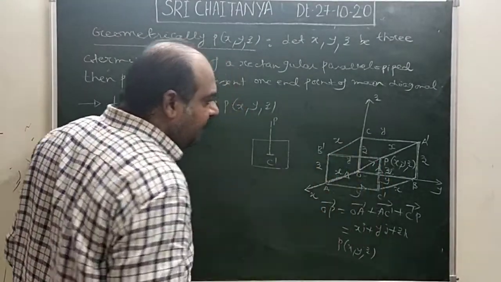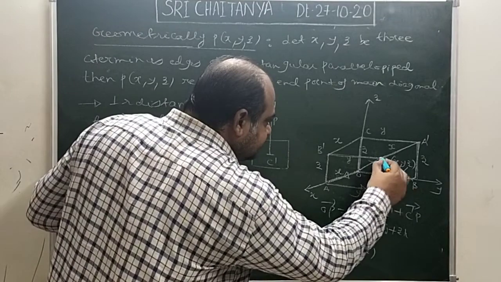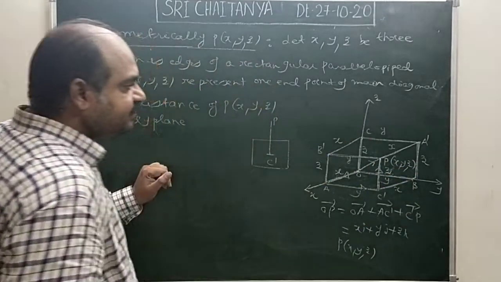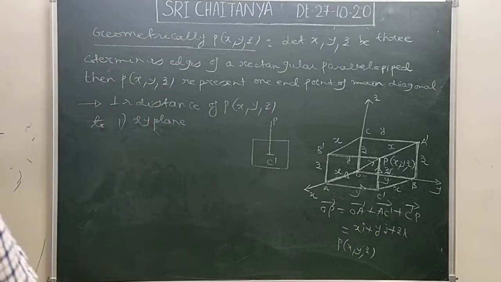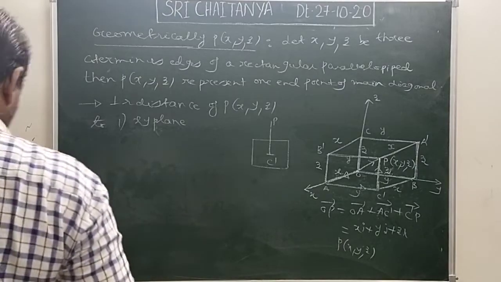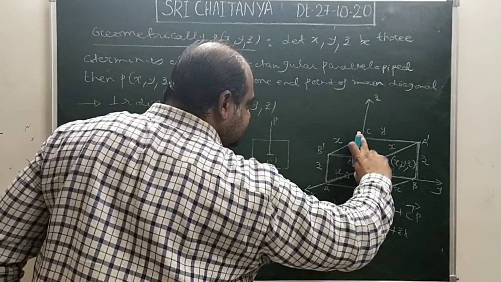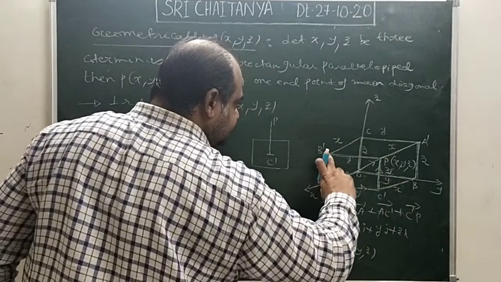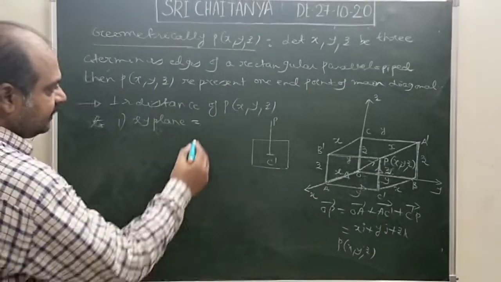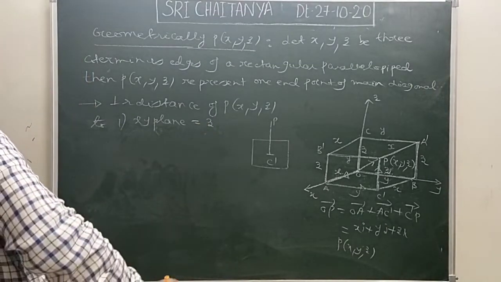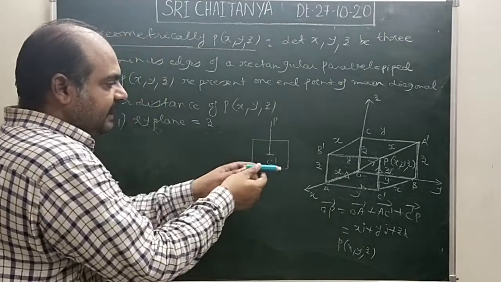PC dash is what? This one. PC dash is the distance to the XY plane. This distance is nothing but Z. That means for the perpendicular distance of any point, just look here, this is the XY plane.